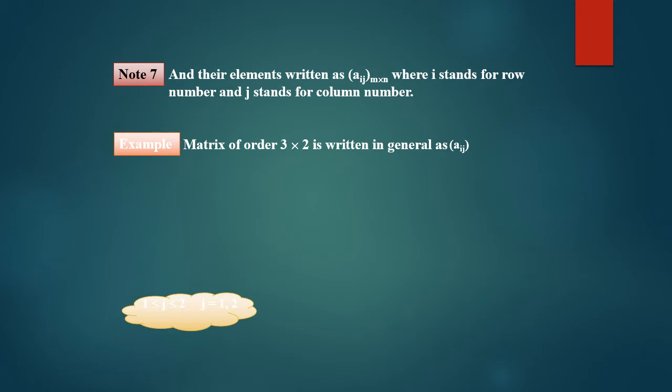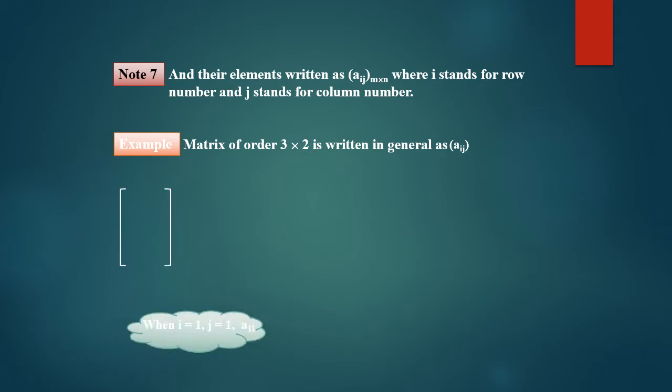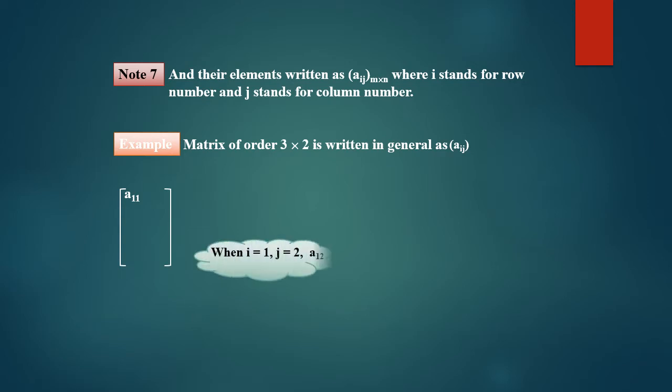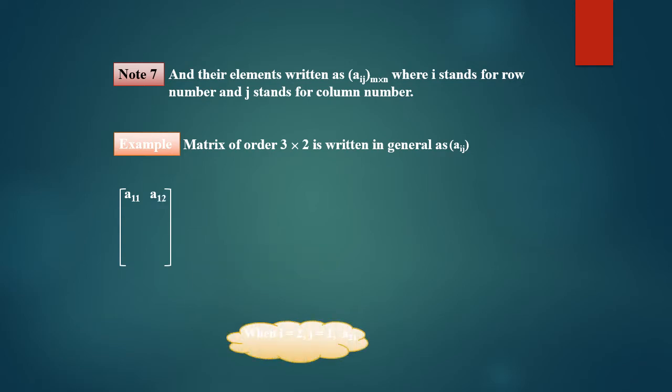For the first element, the value of i is equal to 1 and j is equal to 1. So we get a11. Next, for the second element, i is equal to 1 and j is equal to 2. We get the element a12. For the third element, i is equal to 2 and j is equal to 1.